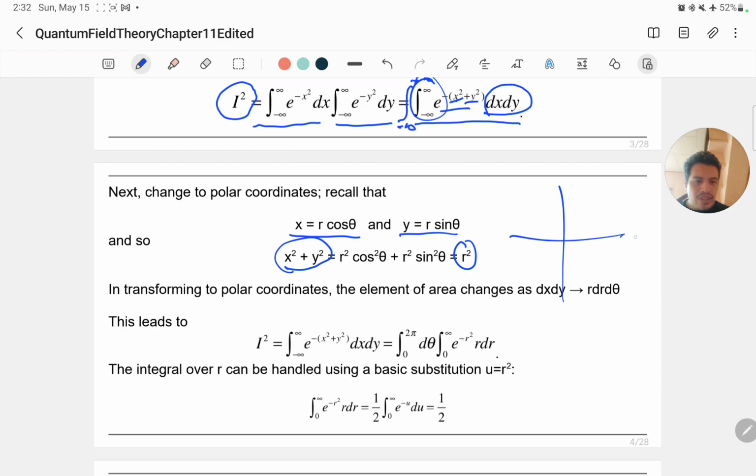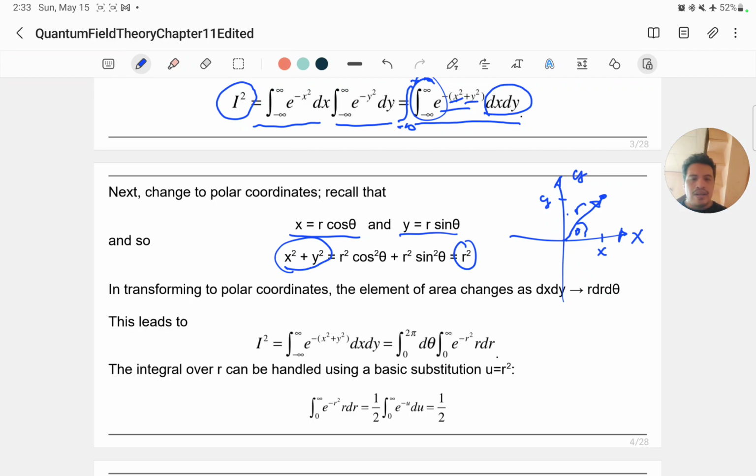So if you draw it, this is your x and this is your y. This is your r. And your theta would be this one, theta. So that's how you do it in polar coordinates.